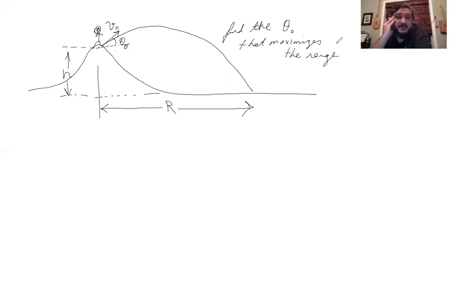In the previous problem, there was no h. The displacement in the y direction was 0. In this case, it is not 0. So what is it? What is it? Displacement, delta y. In other words, the final position minus the initial position, right?